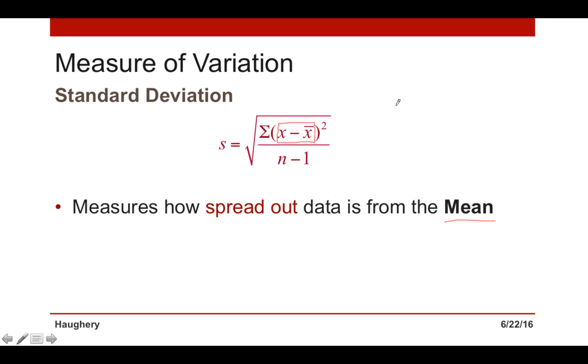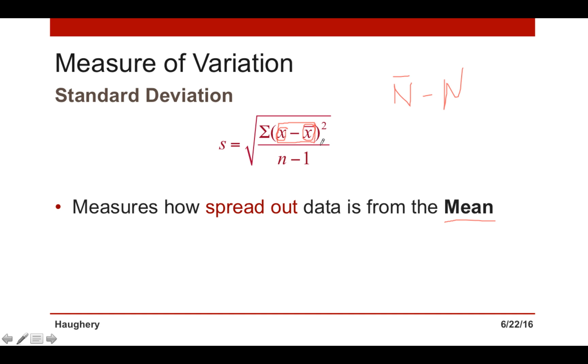If you recall, we have error as n bar minus n. That was how we calculate how far off our measured value is from our target. So that's a similar concept to what we're doing here. We're saying, for each individual measurement, how far off are we from the average?